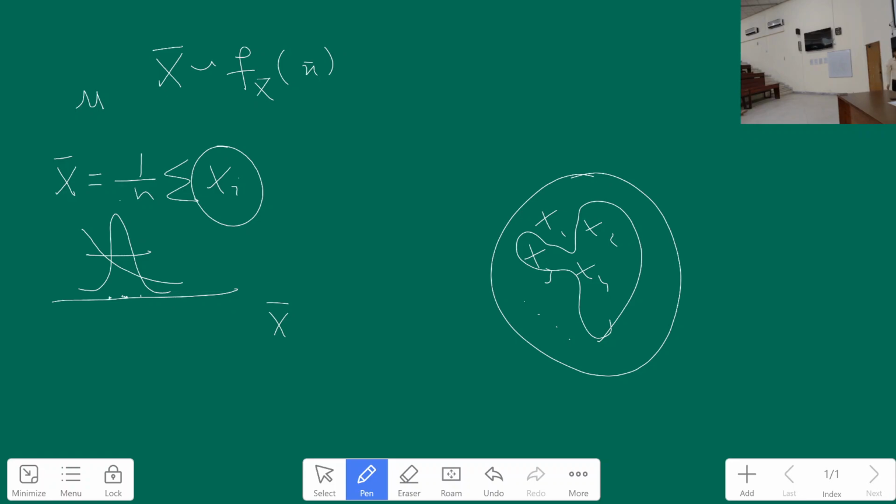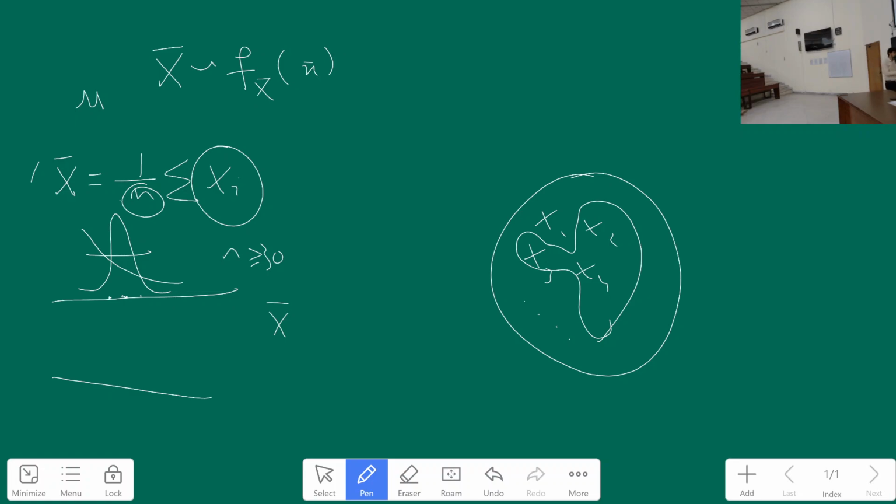And we found two cases. We said, if each of these is Gaussian with the same mean and variance, then this guy is definitely Gaussian, with the mean mu. And if these guys are not Gaussian but come from some other distribution, but all of them come from the same distribution, then as long as n is greater than 30, you can be sure that this guy will be approximately Gaussian, and the approximation keeps getting better as you go higher.